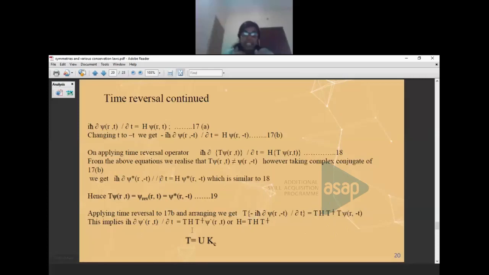So once you apply, then you compare left and right hand side. iħ ∂psi(r,-t)/∂t is equal to T H T star psi star(r,-t). It comes out. And when you compare left and right side and you compare both equations, you get H is equal to T H T. So H is actually a transformation going on.